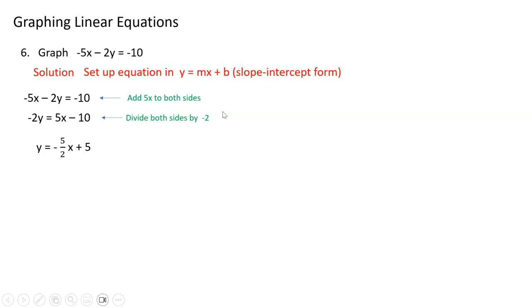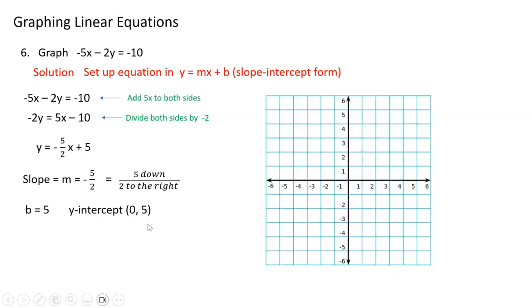Now we have it in the form y equals mx plus b, which is slope-intercept form. Now we can know what the m is. My slope is -5 over 2, which is going to be 5 down and 2 to the right. And the b is 5, which is the y-intercept, and this is my starting point. So my starting point will be 0, 5.